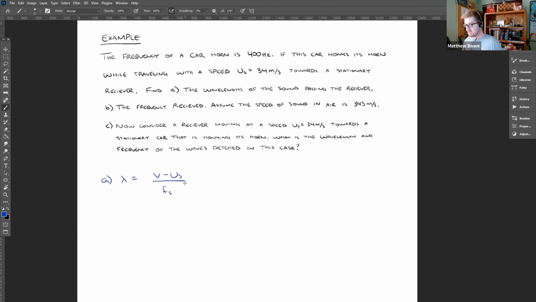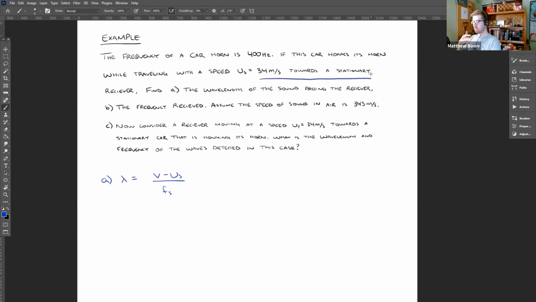Okay, so this is a stationary receiver, so it'll be like that moving source picture I had before. It says moving towards a stationary receiver.